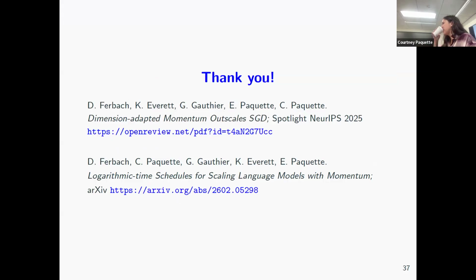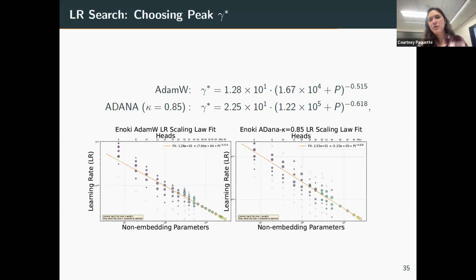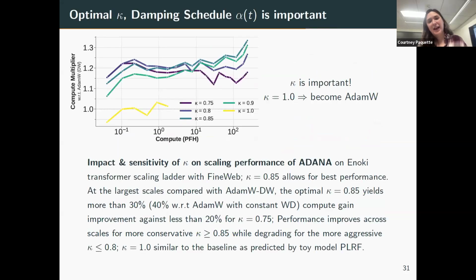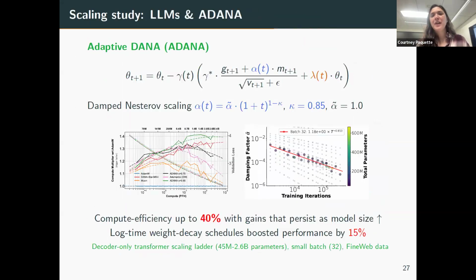Any questions? The shape of most of the schedules you presented does not depend on the total training time, so they are kind of anytime schedules. Do you think using that information could change the exponent in your setting? So it's a good point.